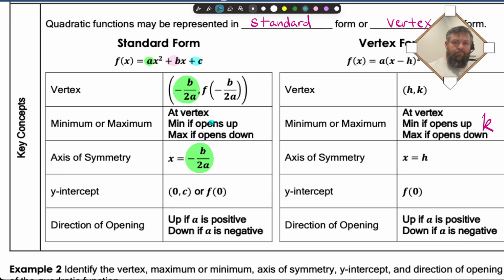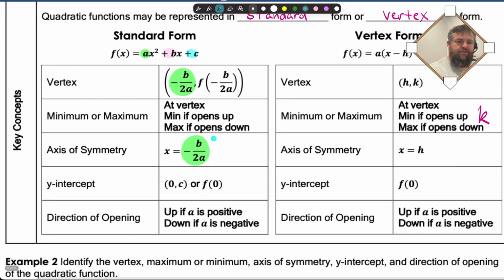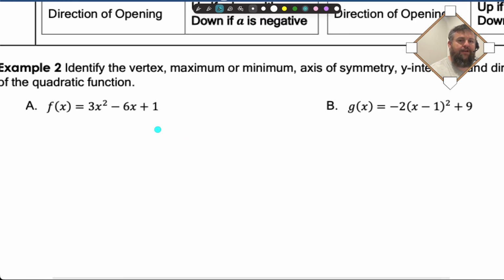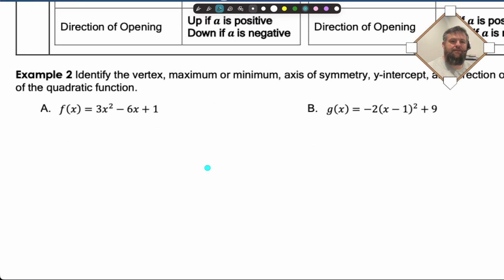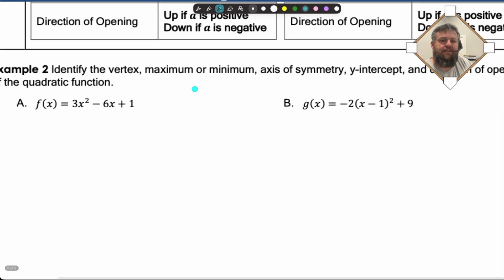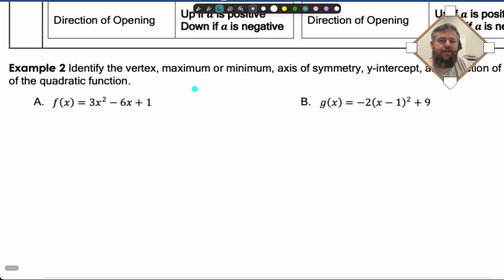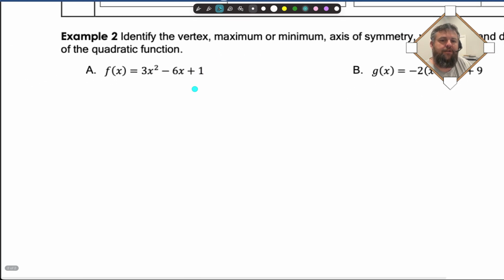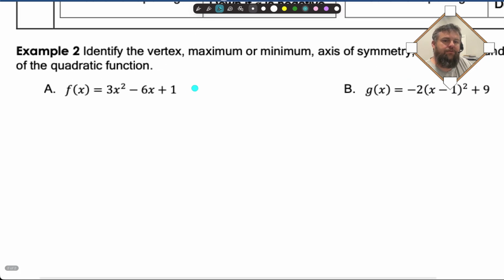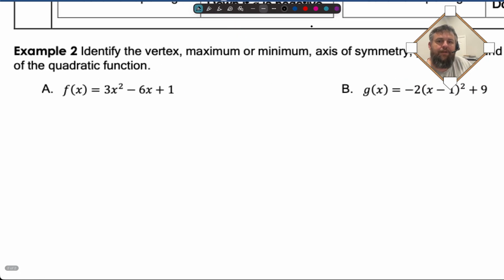Now we're going to go straight to example 2. We're identifying the following components of the quadratic just from the standard form function. Identify the vertex, the max or the min, the axis of symmetry, the y-intercept, and the direction of opening of the quadratic function. I like to start with the direction of opening just because it's already there in front of me.